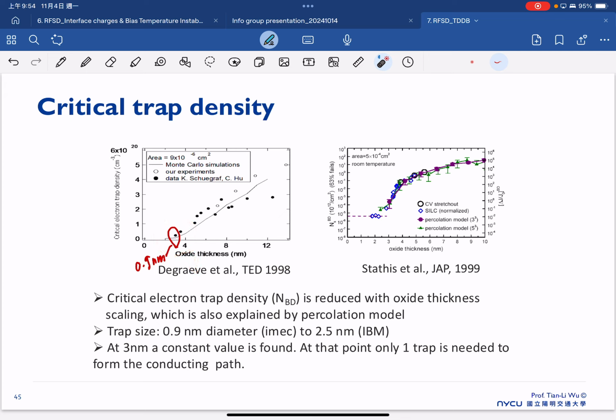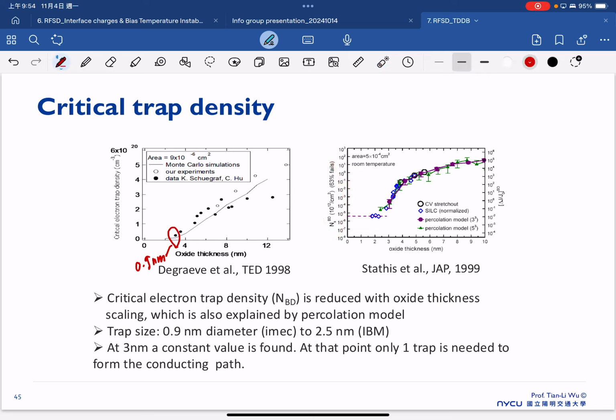This data on the left-hand side is from one literature, and the right-hand side is from another literature, also doing similar things, trying to understand the oxide thickness versus our trap density. This is the trap density to reach breakdown.